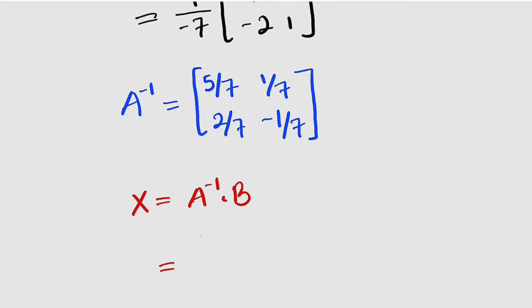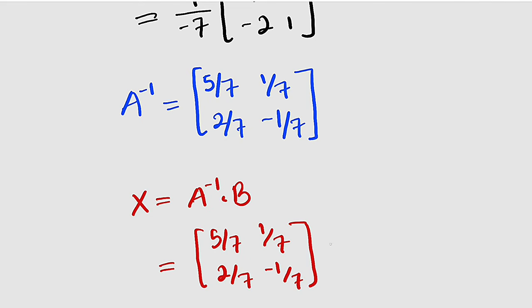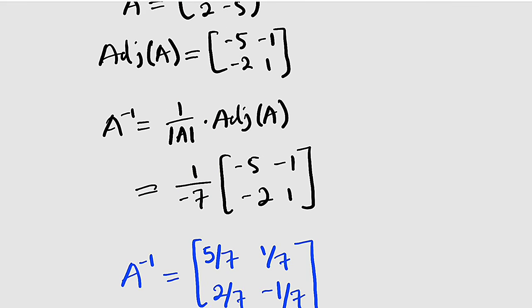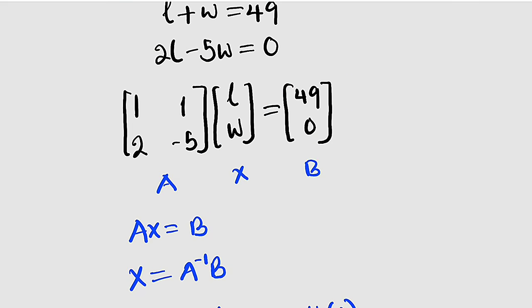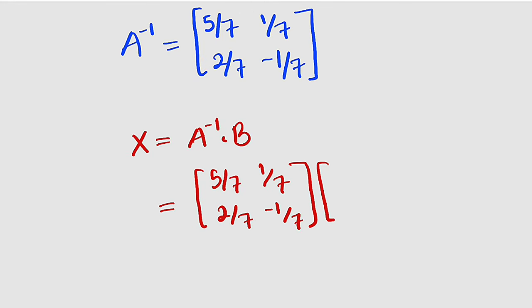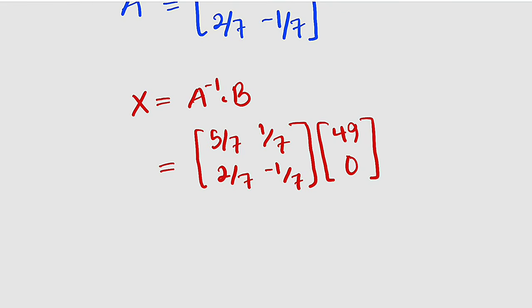This is equal to, let me start with A inverse. We have 5 divided by 7, 1 divided by 7, 2 divided by 7, and lastly negative 1 divided by 7. Then b, remember, b is equal to the whole of this, 49 and 0. So we have 49 here and we have 0 here. So how do we multiply this matrix together? You take this, you multiply by this, you add, you take this, you multiply by this.